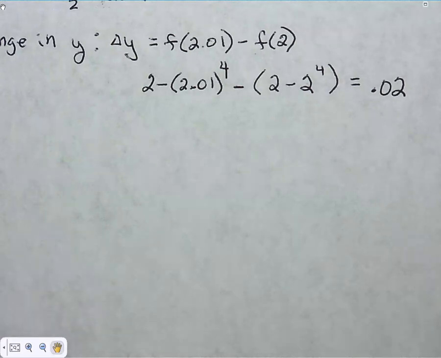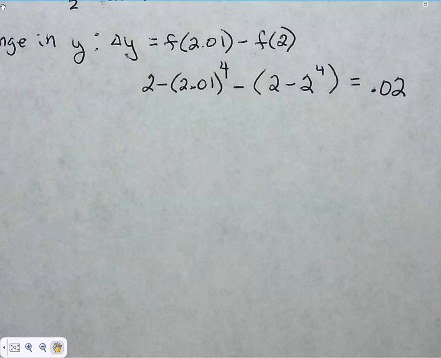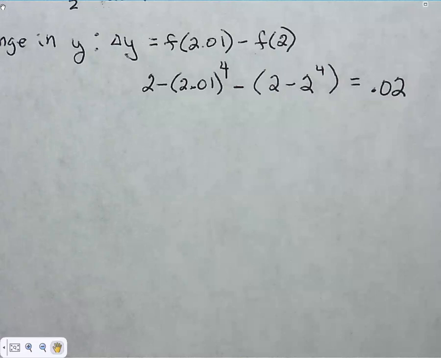If we have the function, we can actually find the actual change in y. We don't have to approximate it. We can put y2 into the function and y1 into the function and subtract those, and that's the actual change in y. This problem is to illustrate that you can get very close to the same thing, or maybe the exact same thing, by using the equation of the tangent line.